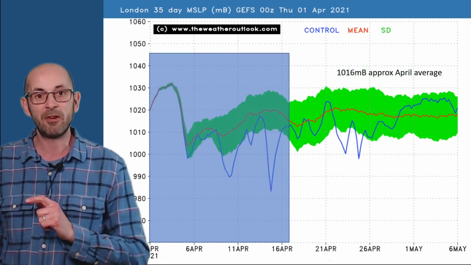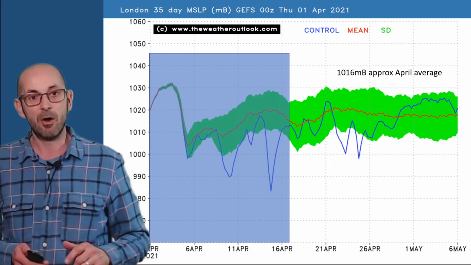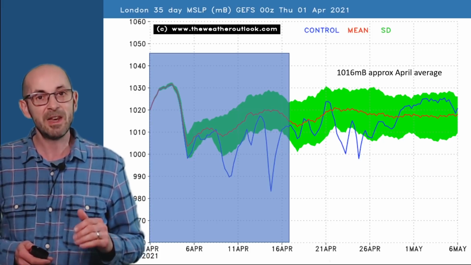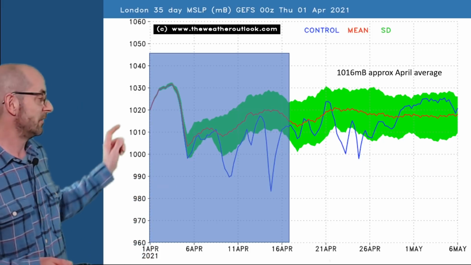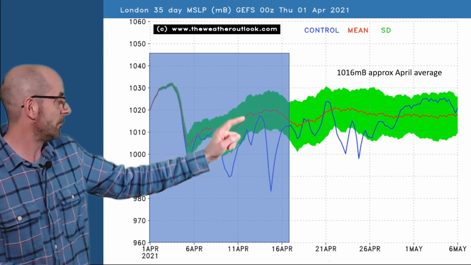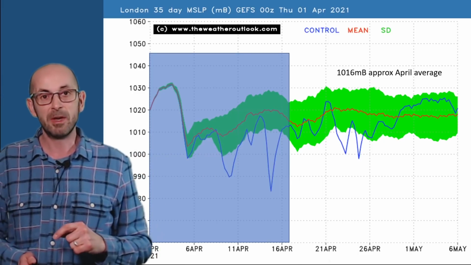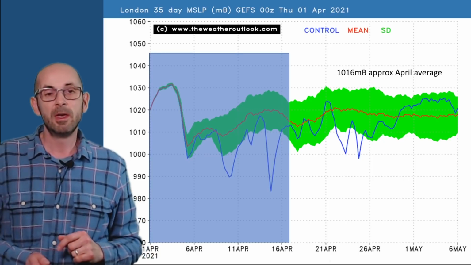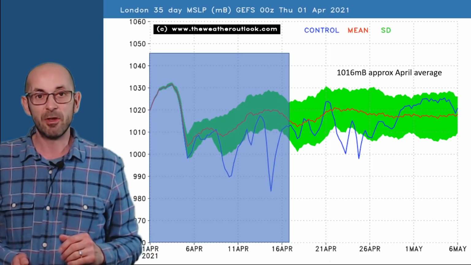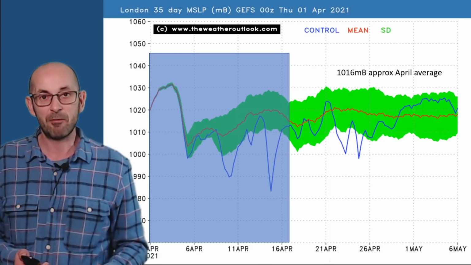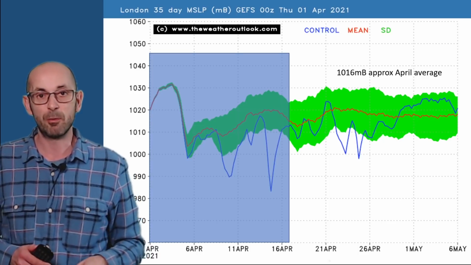In terms of the pressure pattern, it's also suggesting a tendency for, well, we can see there's a dip in pressure around the middle part of the month. Then the red line showing the mean actually picks up a little. It climbs above the average by several millibars.